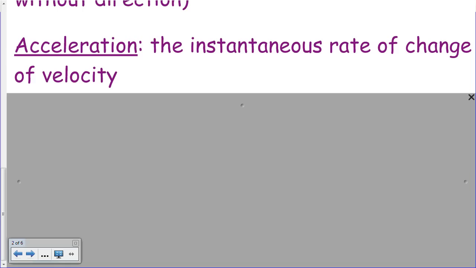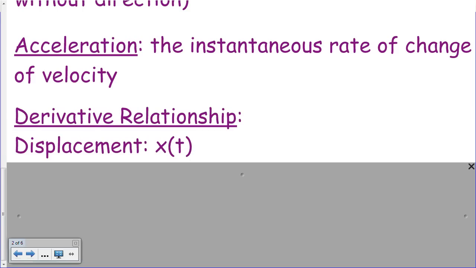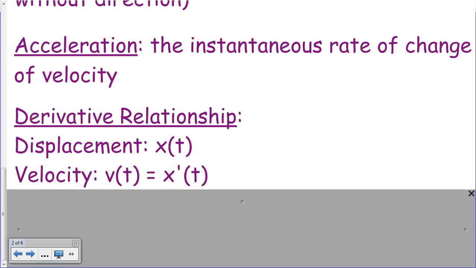All right, as far as how these are all related, they're all related by derivatives. If we call displacement some function x of t, which is how they'll usually define it in the book, with the function called x and my independent variable t for time, then velocity, if we call it v of t, is equal to the derivative of that displacement function.